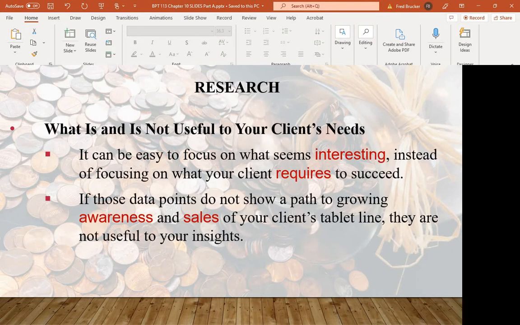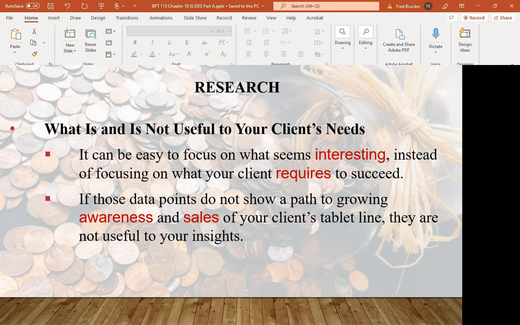So what is and is not useful to your client's needs? It can be easy to focus on what seems interesting instead of what your client needs and requires to succeed. So sometimes we can nerd out on some of the information that we have available to us. Some of the numbers, some of the features and the gadgets and all that sort of thing.